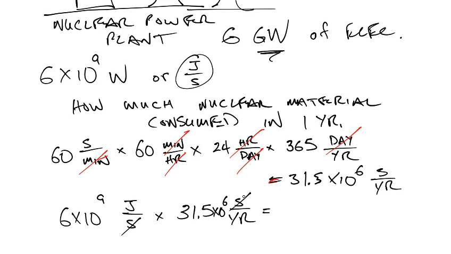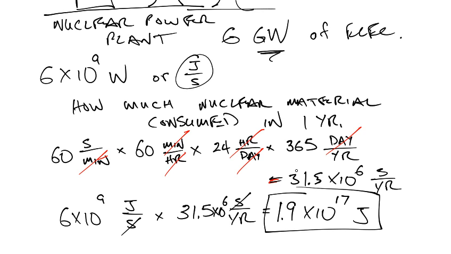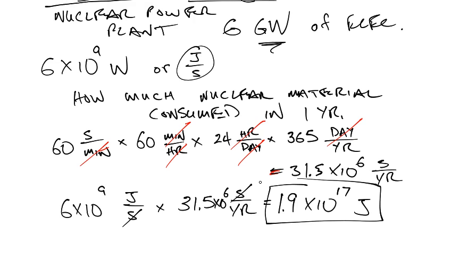And we're going to get an answer of 1.9 times 10 to the power of 17 joules. Okay, so that's how much energy is produced per year.